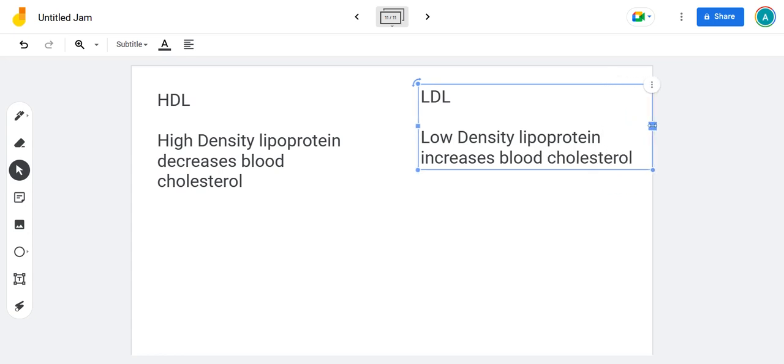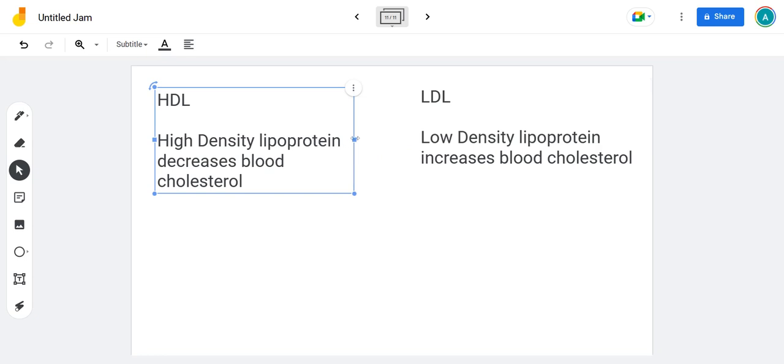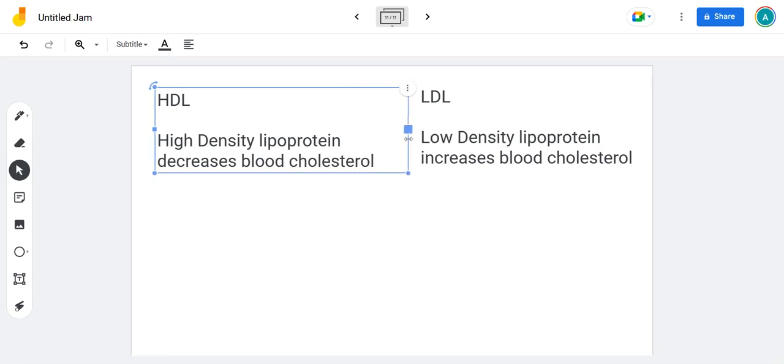Now, when we're thinking about which one's good and which one's bad, it does, to a large extent, rely on where in the world we're talking about. In our society, a relatively rich society where we have access to lots of food and a lot of fatty food, generally we all have plenty of cholesterol.